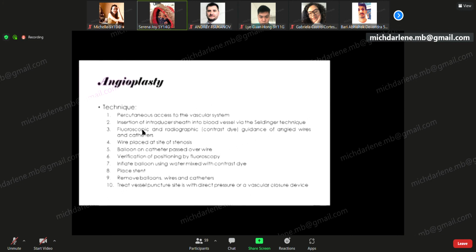Treat the vessel puncture site with pressure or a vascular closure device.